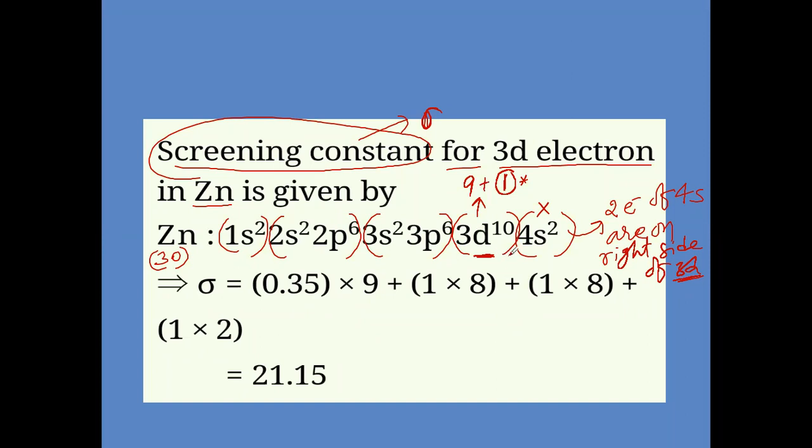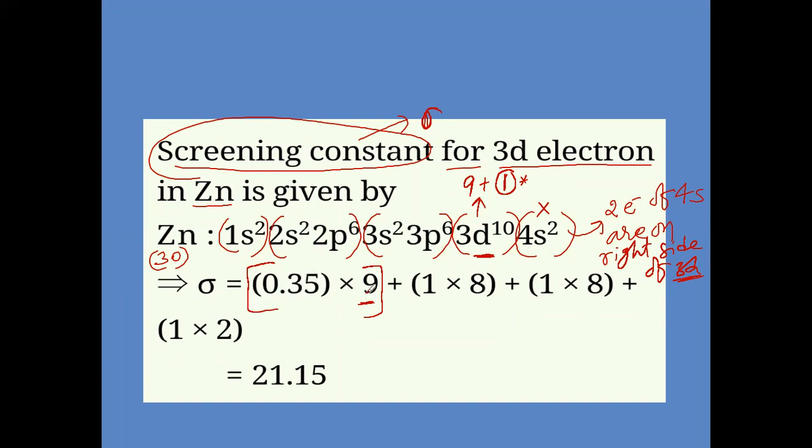Here we have to calculate from right side to left side. Other than 1 electron, how many electrons are available here? 9. So 9 electrons into 0.35. The value is constant, 0.35.